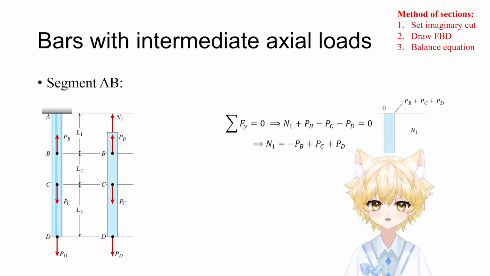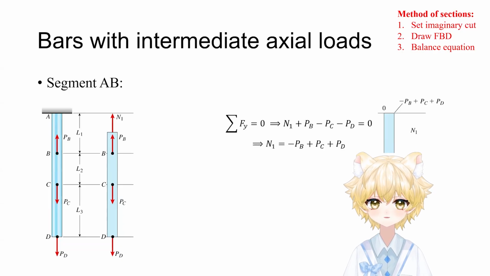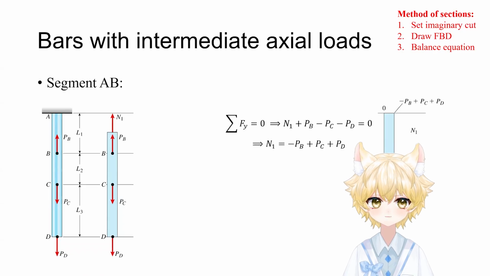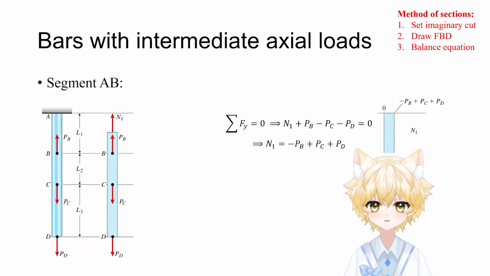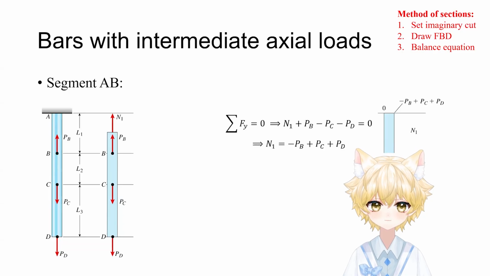Look at the free body diagram, right? At the cut, we have our unknown internal force, say N1, pointing up. Why is it pointing up? It's because we always want to assume the internal unknown force pointing outward normal, right?